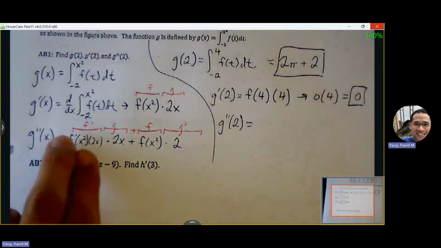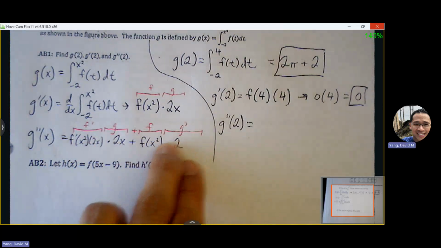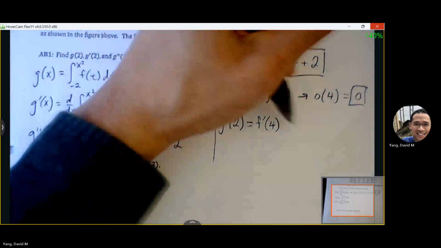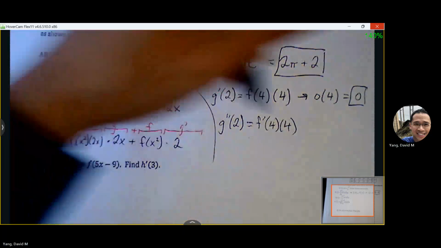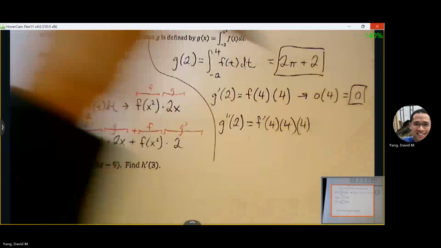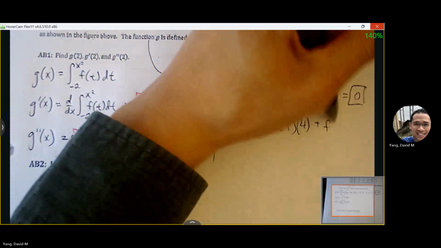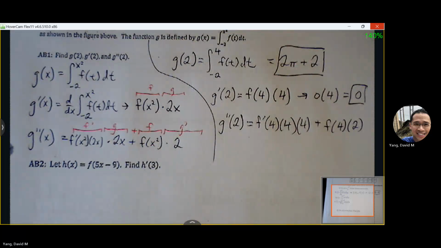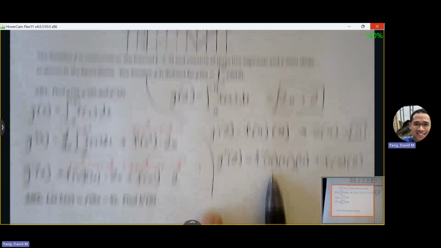Okay, g double prime of 2, replace every x with 2. F prime of 4, that's the slope of the f graph at 4.